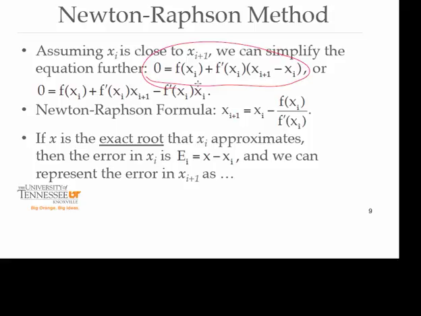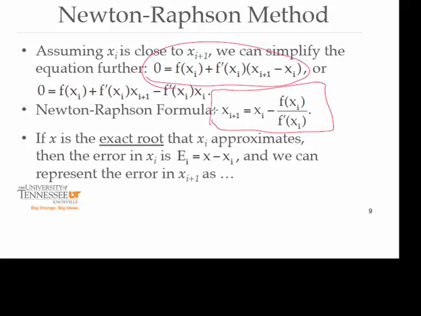So that 0 is equivalent to f of x_i plus f prime of x_i times x_{i+1} minus the derivative at x_i times x_i. We just rearrange those terms using that this is 0 on the left-hand side. We produce this iterative method, which is the Newton-Raphson formula.